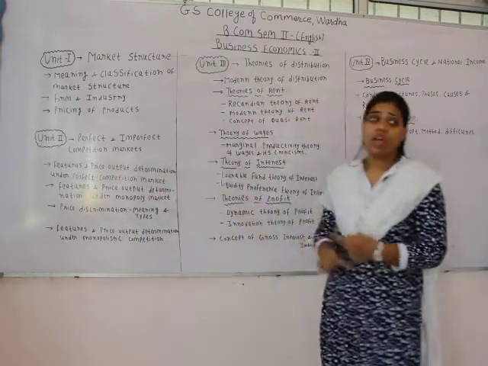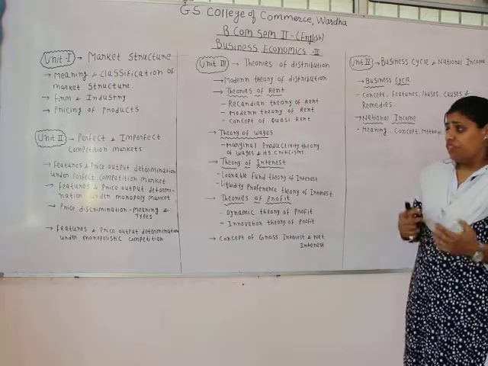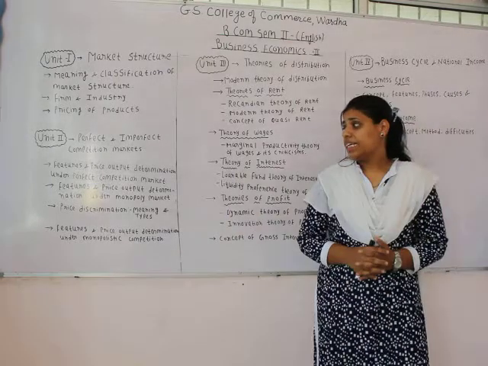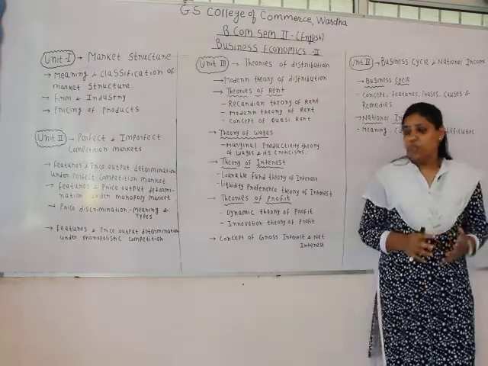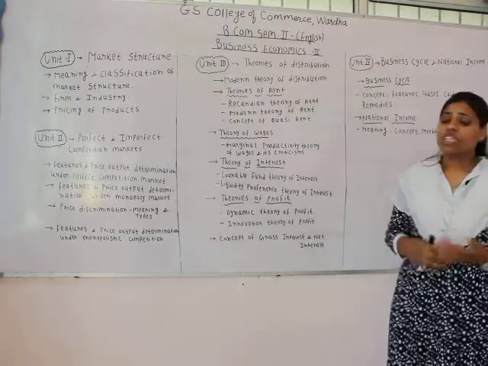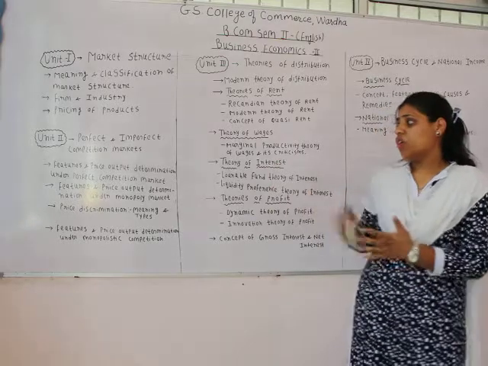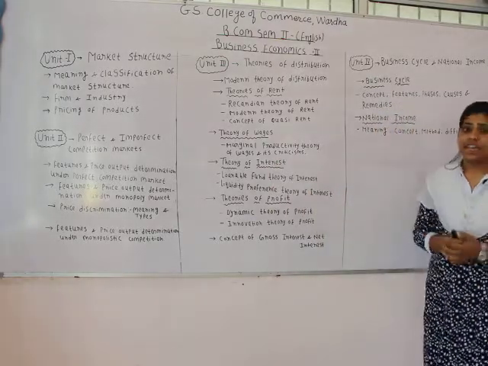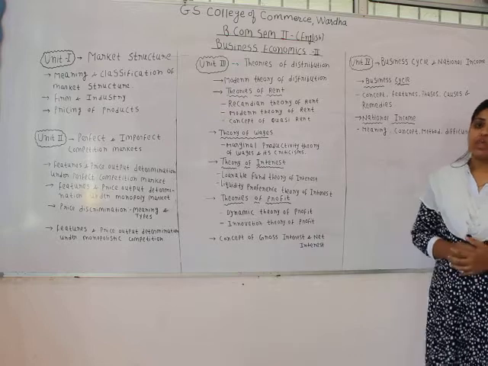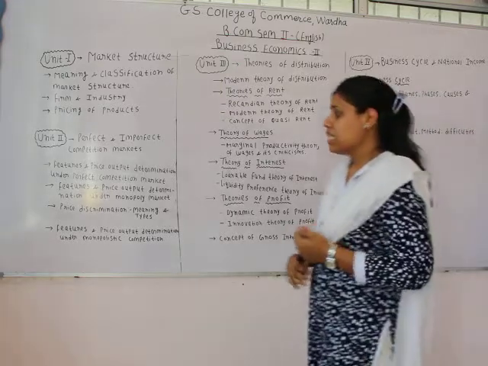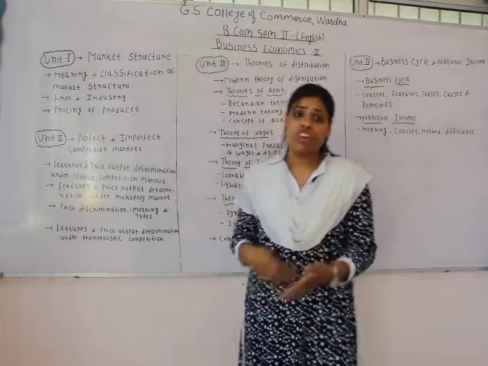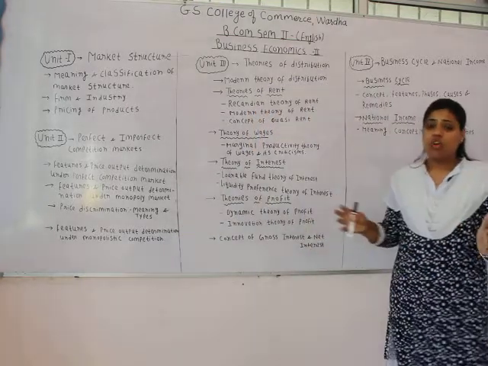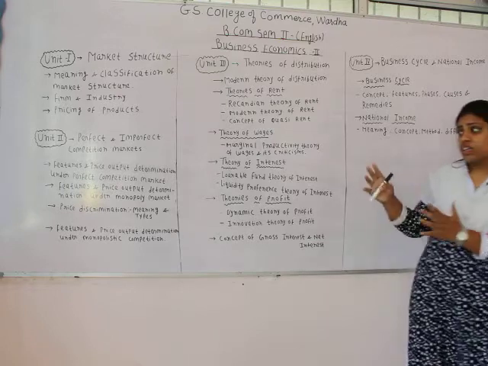Here we would be seeing what are the basic characteristics of perfect competition market, so that we can understand the concept of perfect competition market, and then we will see how the price and output is determined under the perfect competition market with the help of various schedules and the graphs.